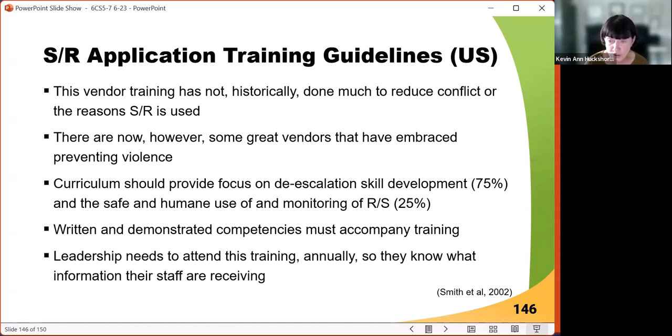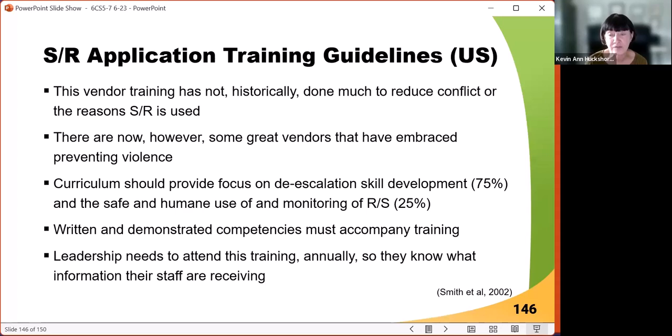Your aggression control training should basically be 75% de-escalation skill development and 25% on the safe and as humane as possible use and monitoring of someone in restraint or seclusion. I know that Massachusetts has its own training and it's a very excellent one, so I'm not as concerned about that.